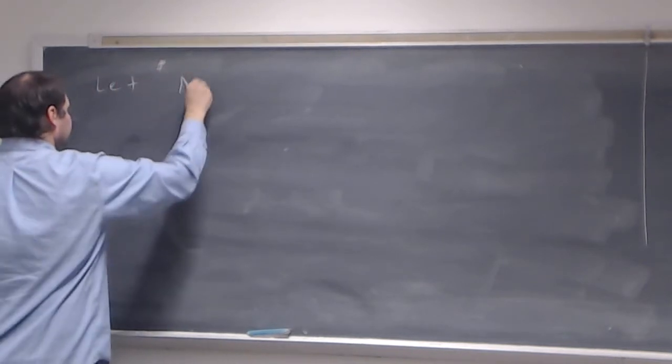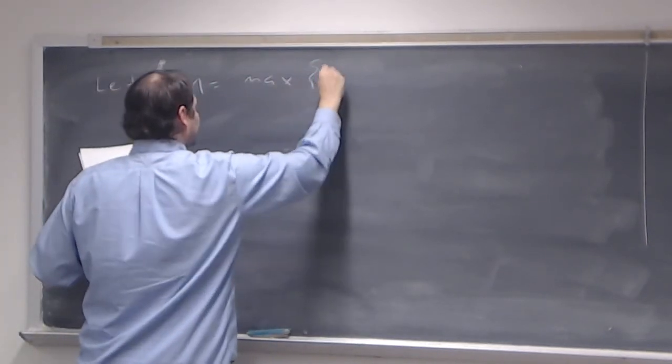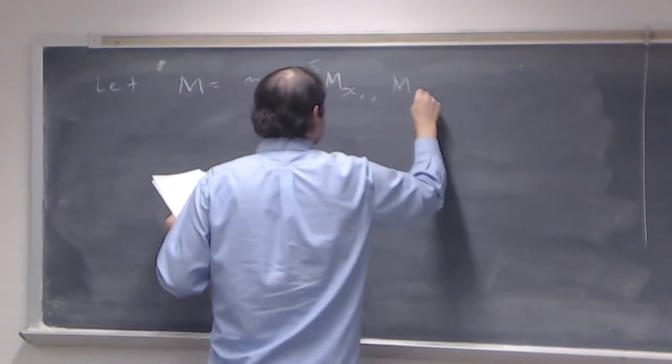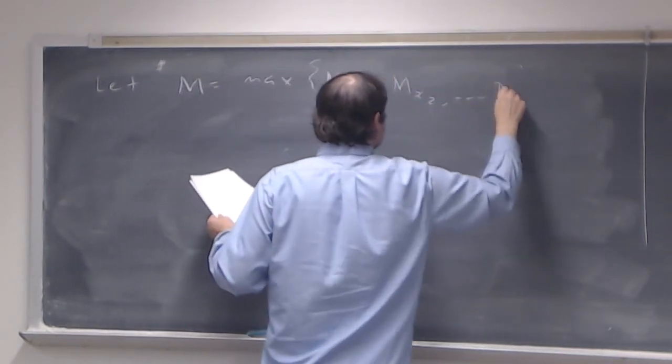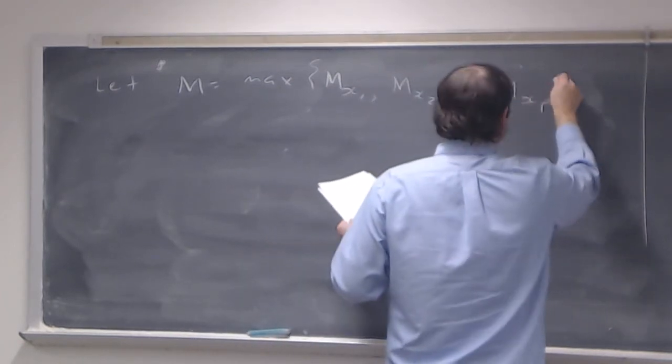We're going to let M be equal to the maximum of M sub x sub 1, M sub x sub 2, all the way up to M sub x sub p.